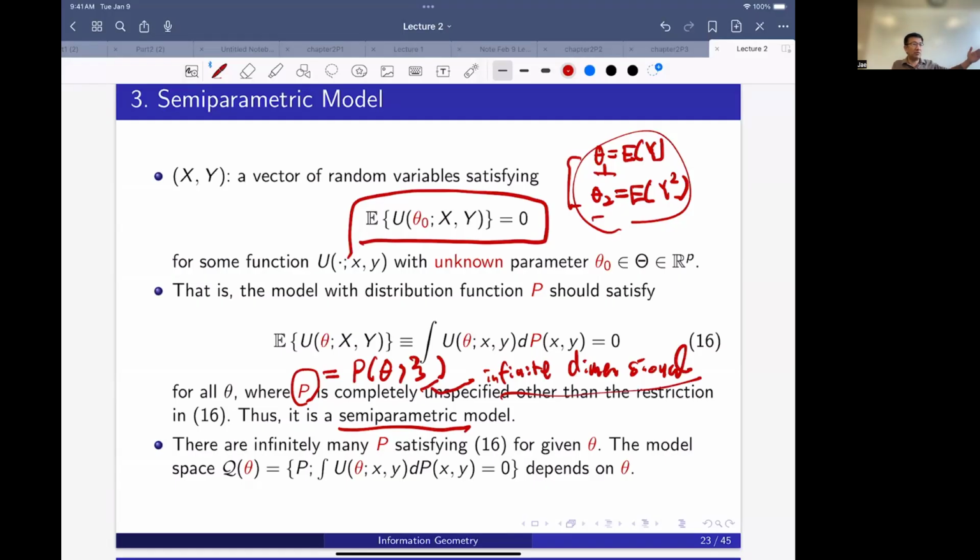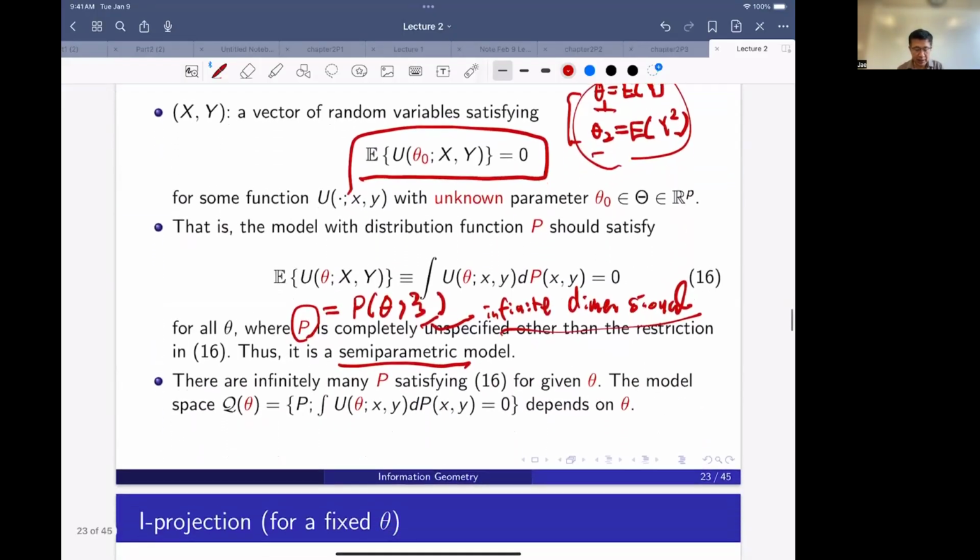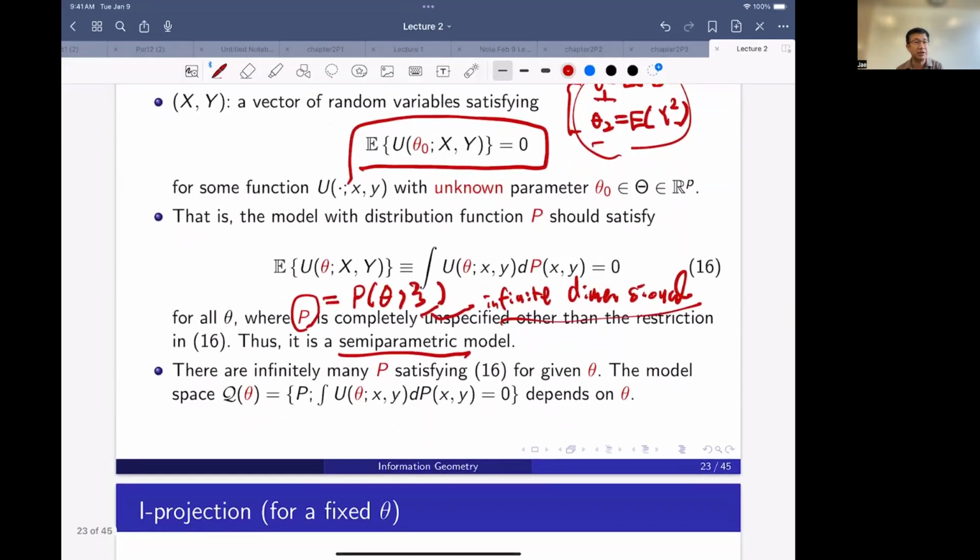Third moment, fourth moment, and infinite moments, actually. And so everything other than the first two moments can be regarded as a nuisance parameter, an infinite dimensional nuisance parameter. How you avoid that issue has to do with the information projection.